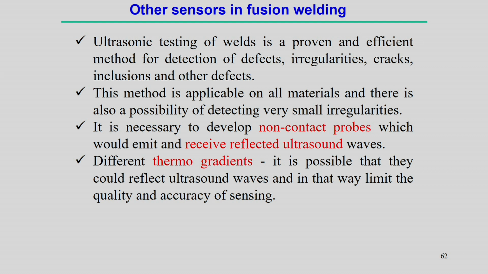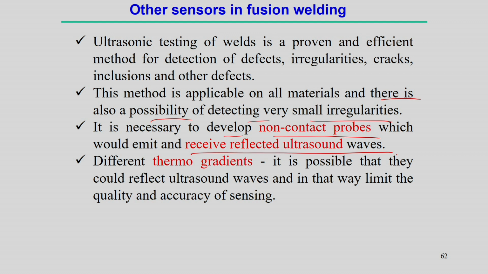This ultrasonic method is applicable to all types of materials, and there is also the possibility of detecting very small irregularities, which is another advantage, by looking into the pattern of the ultrasound. A non-contact probe is used, and the ultrasound is reflected.